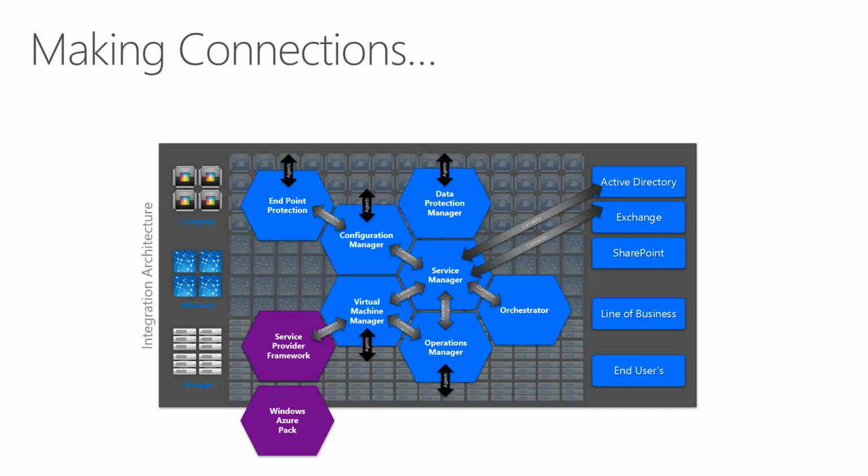It is the communications to the Service Provider Framework API, making it completely firewall friendly. We can run Azure Pack in a secure environment, and across the firewalls, we can then communicate to Service Provider Framework, which in turn will communicate to Virtual Machine Manager, and if required, can communicate to any of the other components within the suite.